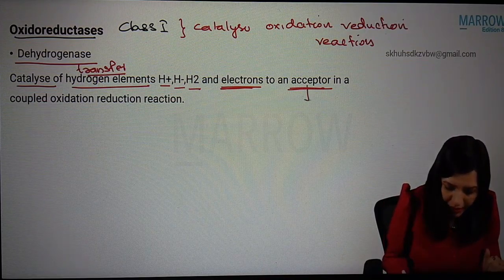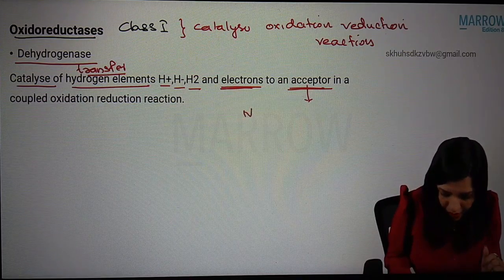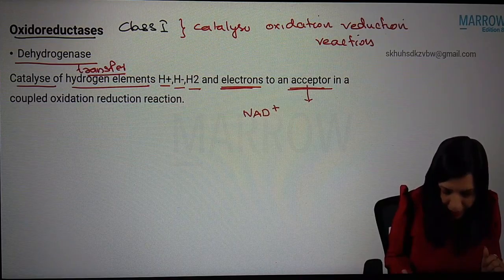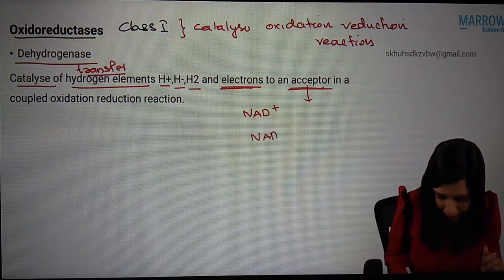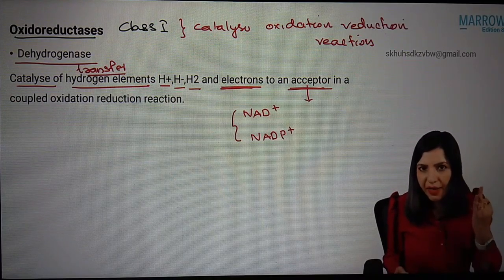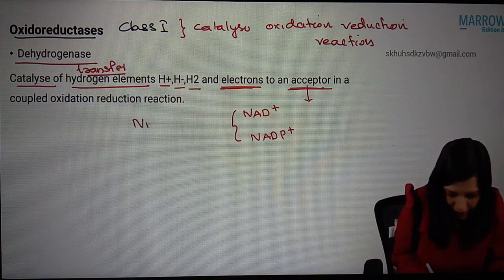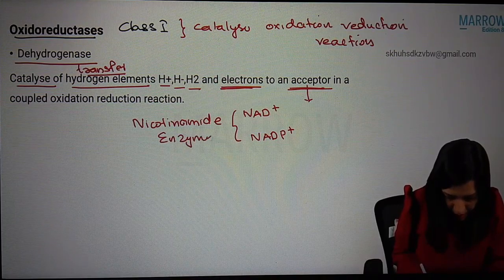So what is the acceptor here? The acceptor here is usually NAD plus, or it can be NADP plus. If NAD or NADP plus is there, we call it a nicotinamide enzyme.